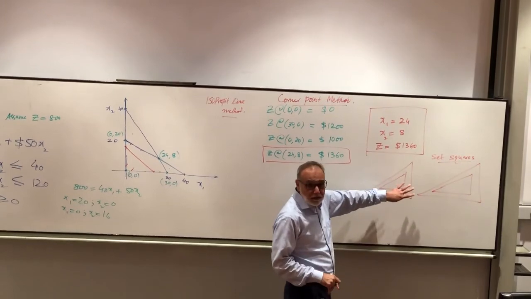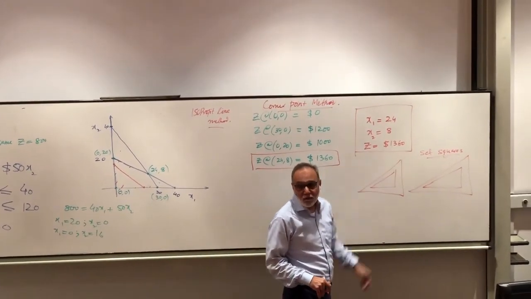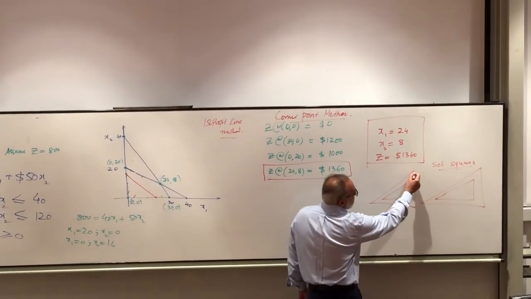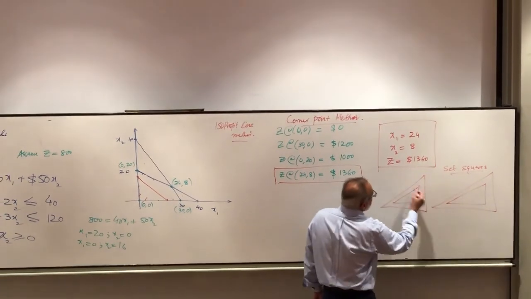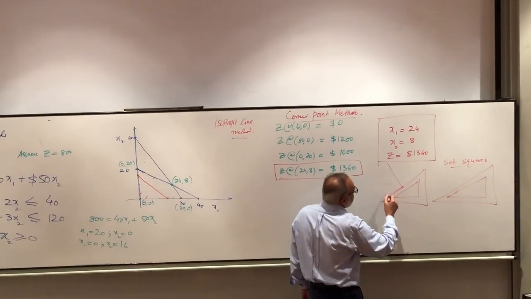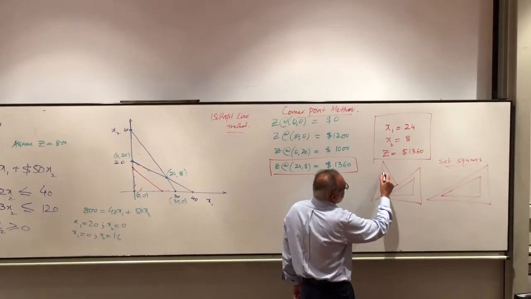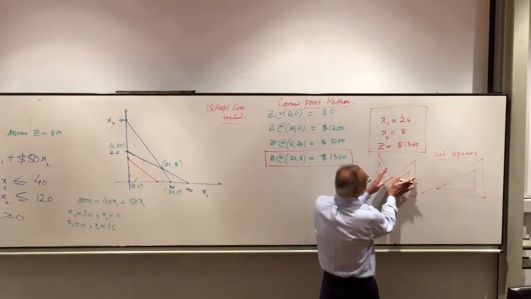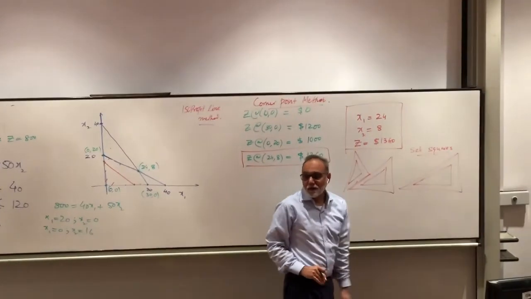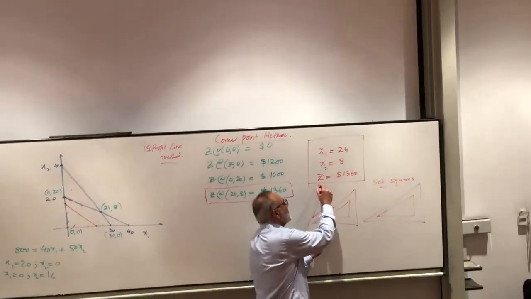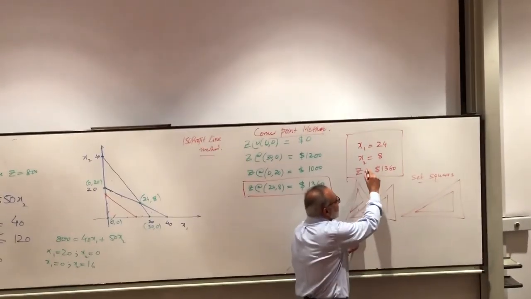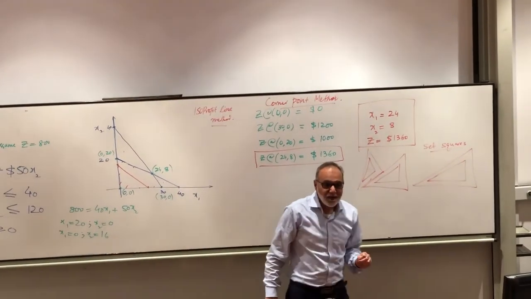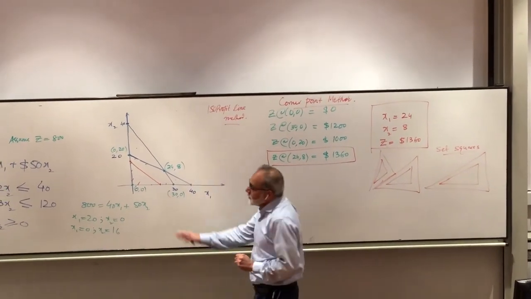You fix one and you move the other one on top of it. You fix this one and slide the other one, and you make a parallel line. You can make a second, third, and so on.